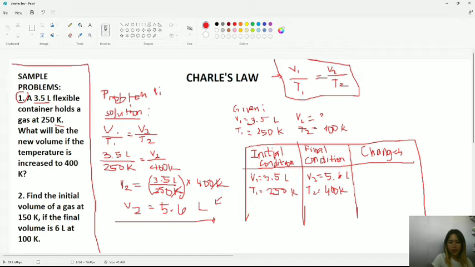So, what are the changes when it comes to volume? We base it on the initial and final conditions. In the initial condition, the volume is 3.5 liters and in the final it became 5.6. So, of course, it increased. So, we state in the changes that the volume increases.